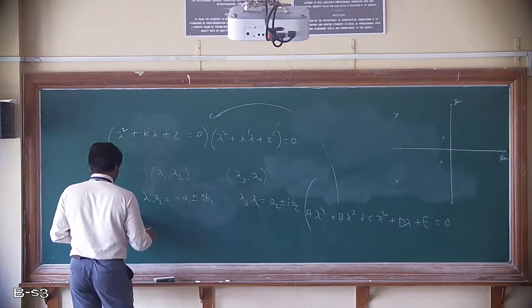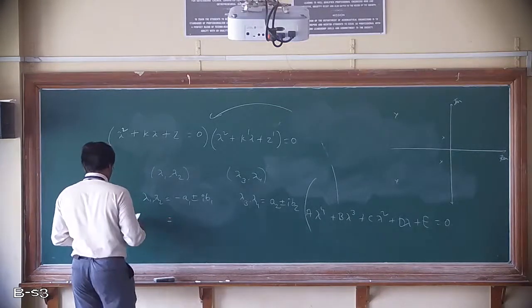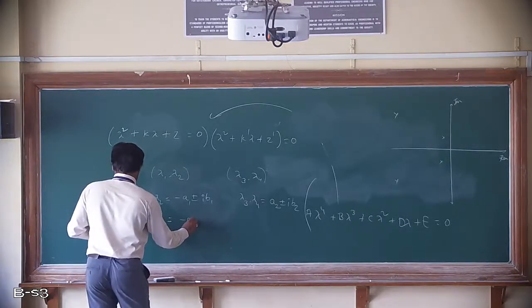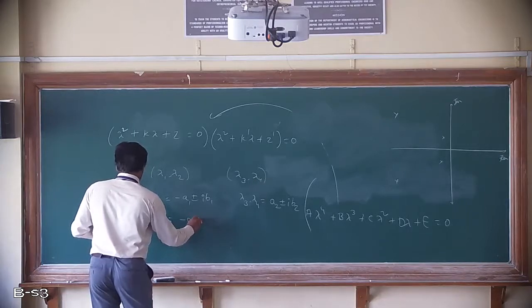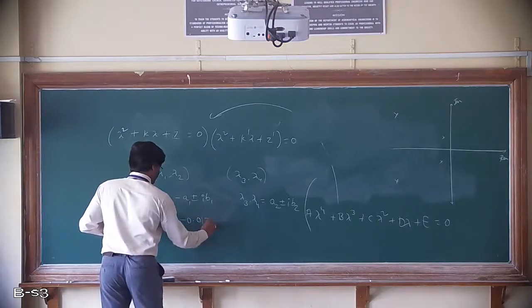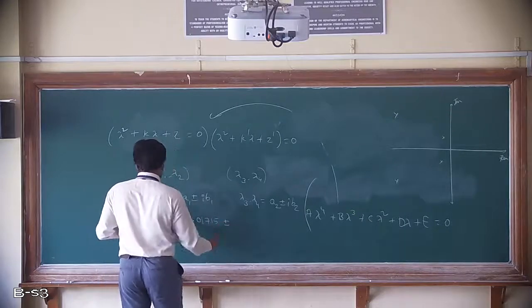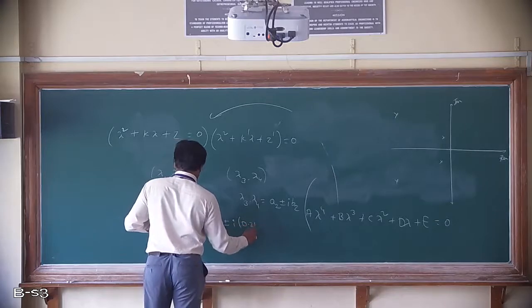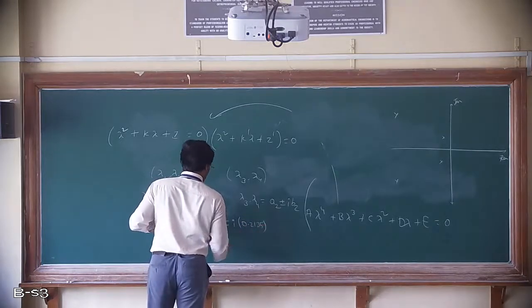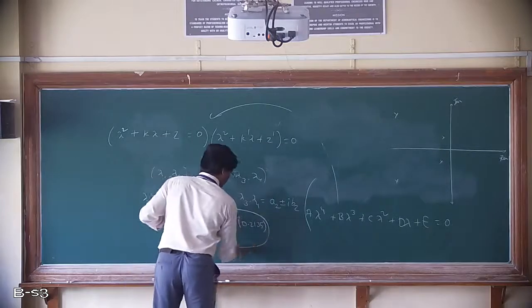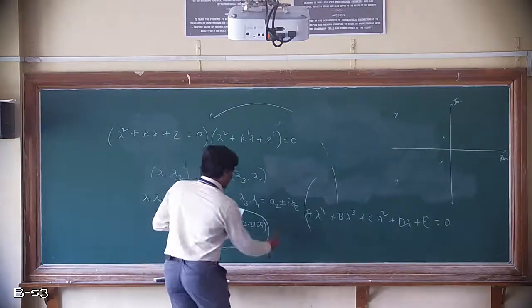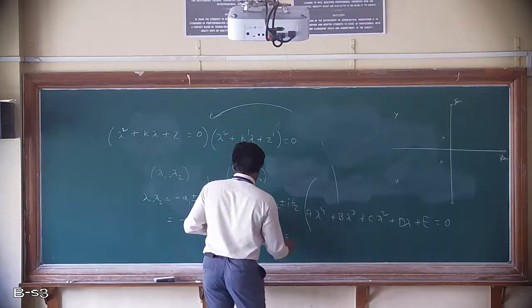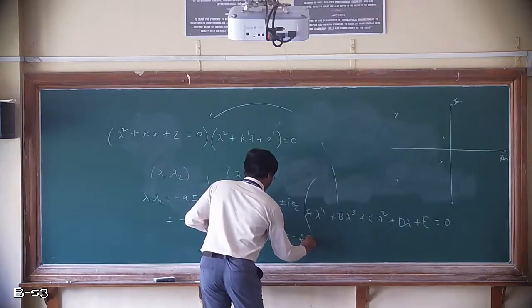For example, lambda 1, 2 you can take as minus 0.01715 plus or minus i into 0.2135.